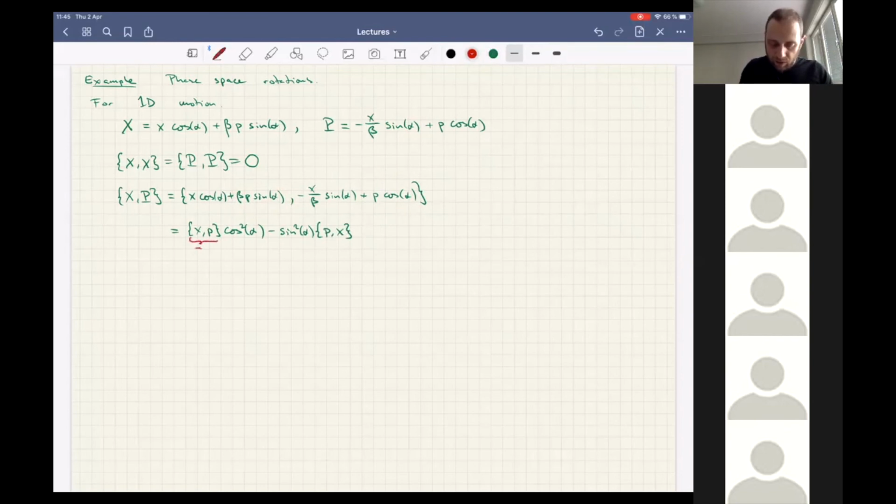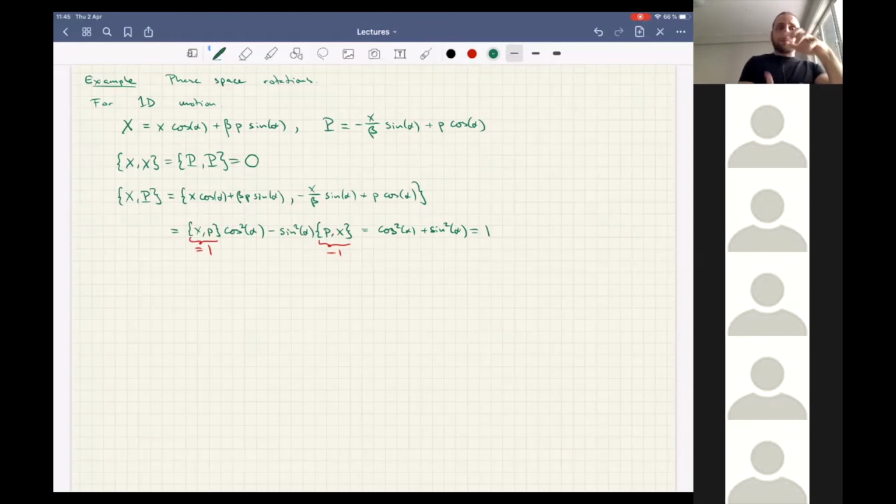Because of the canonical commutation relations for the lowercase x's and p's, the first commutator is equal to 1, and this one is equal to minus 1, which means that what we have is just cosine squared alpha plus sine squared alpha, which is indeed equal to 1, because of the trigonometric identity.